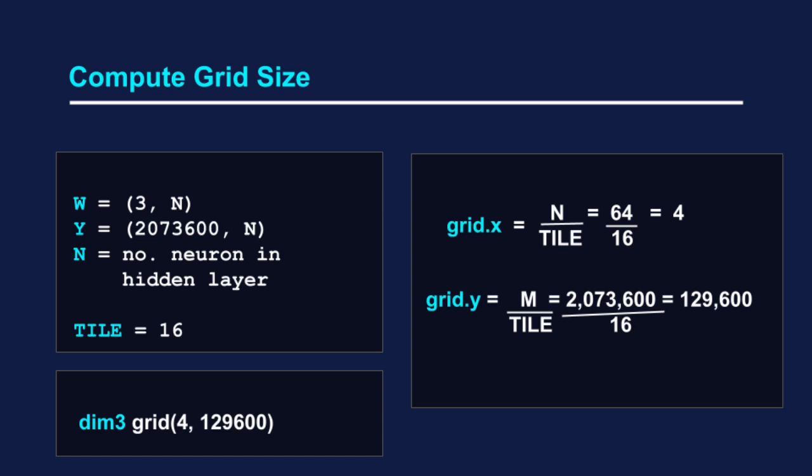Here we have the matrices W and Y. Y is that output that we showed. 129,600 in the Y direction, right? X is 4, Y is 129,600, being the number of pixels and number of channels divided by the tile size.